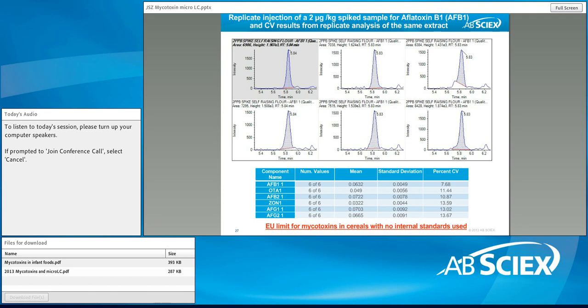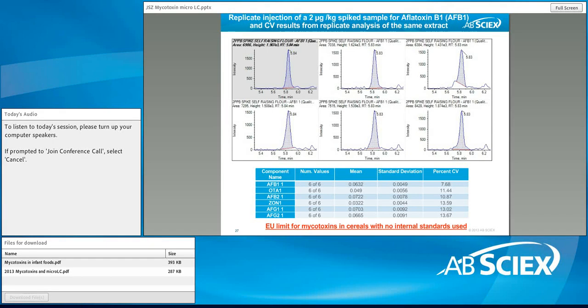Of course, another question is how good is reproducibility with microLC? Is that good enough? Is that the same as normal high flow LC? Here's just an example. We spiked 2 microgram per kilogram aflatoxin B1 into 0 matrices. You can see on the top is 6 replicate injections with the intensity, and in the lower table we show you the injections for some different kinds of mycotoxins at LQ level.